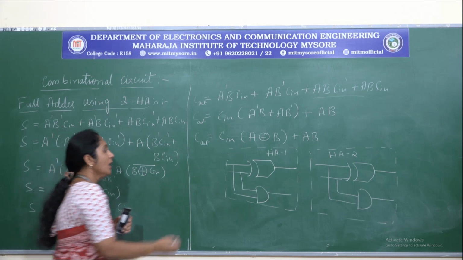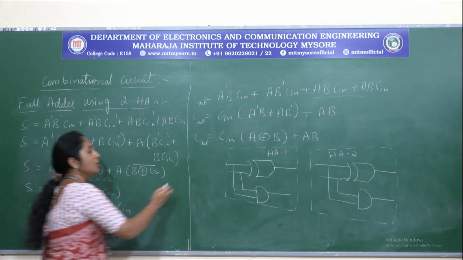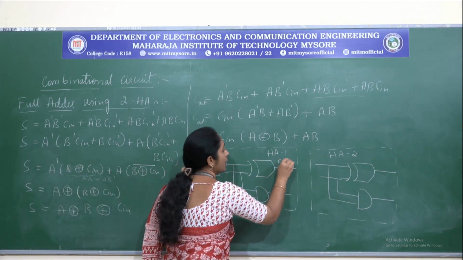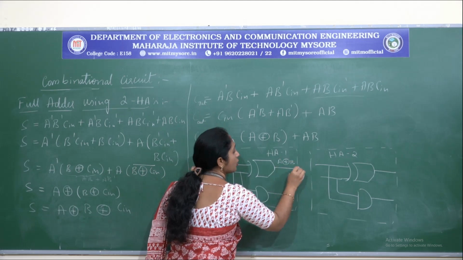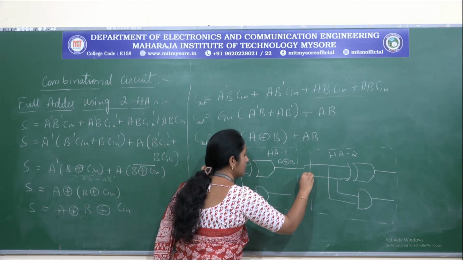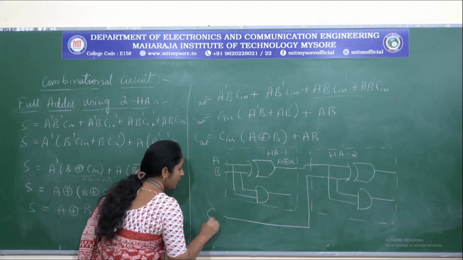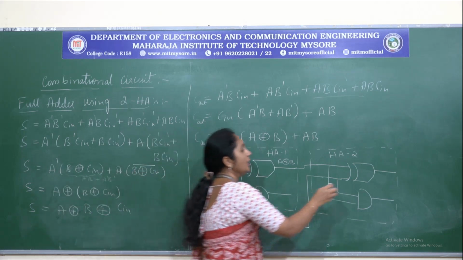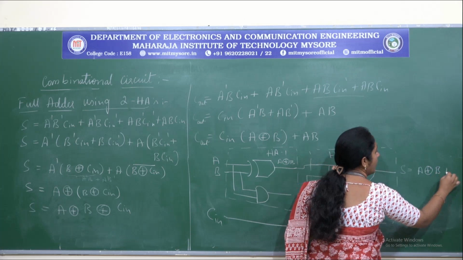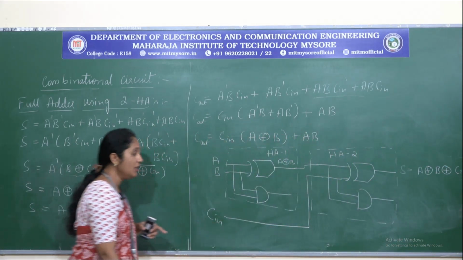Now, as I said, A and B can be given here. Here we have A XOR B, which can be connected to the next half adder, and the other input to that will be Cn. So here we obtain A XOR B XOR Cn. This is the sum realization.